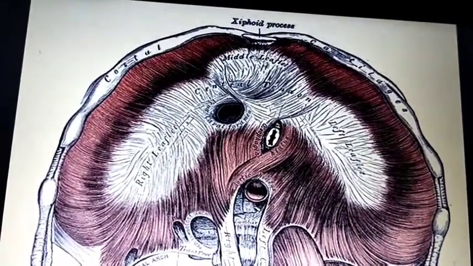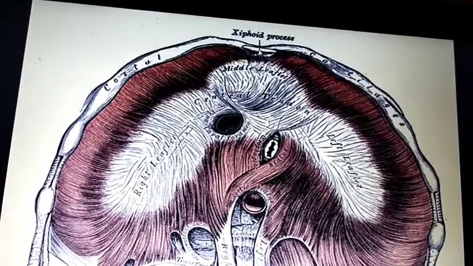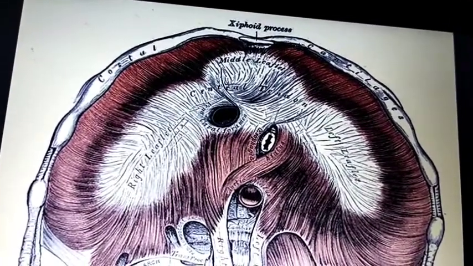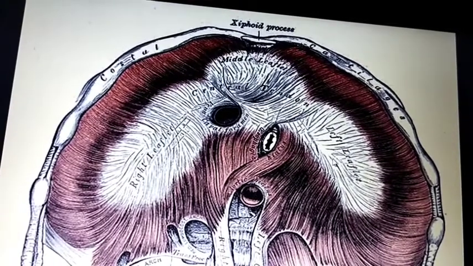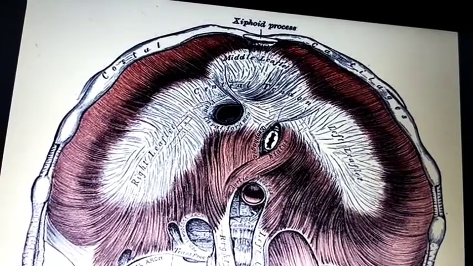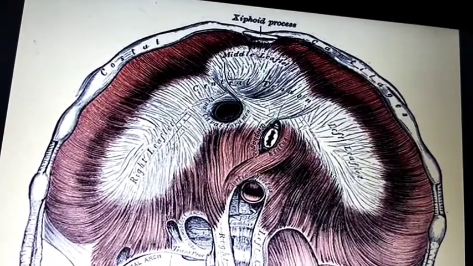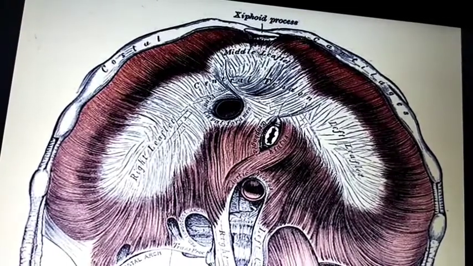This is the middle leaflet, and it is triangular in shape, with the apex directed towards the xiphoid process. This is the left leaflet, and this is the right leaflet. Both leaflets look tongue shaped, but the left leaflet is narrower than the right leaflet. This is the central tendon, and this is the opening for the esophagus.